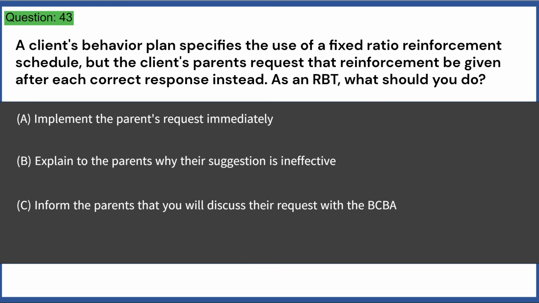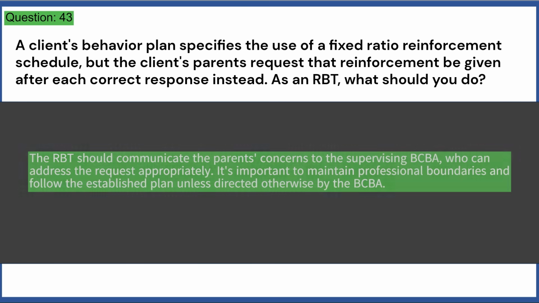C. Inform the parents that you will discuss their request with the BCBA. D. Ignore the parent's request and follow the plan. Answer: C. The RBT should communicate the parent's concerns to the supervising BCBA, who can address the request appropriately. It's important to maintain professional boundaries and follow the established plan unless directed otherwise by the BCBA.